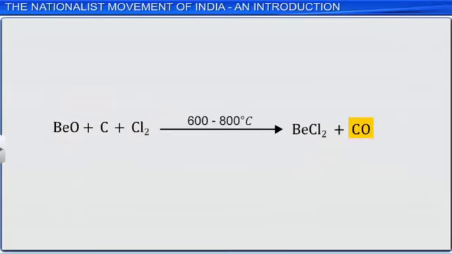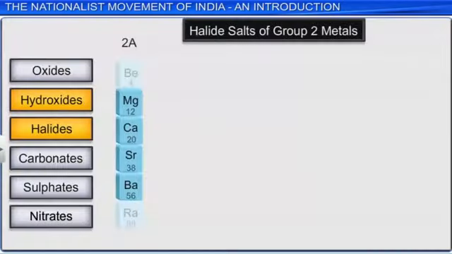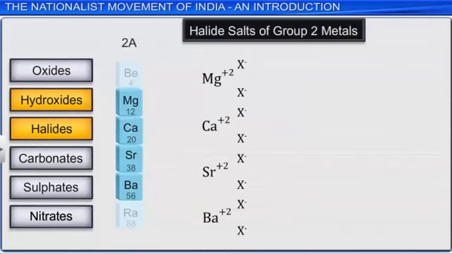Beryllium chloride can be formed by reacting beryllium oxide with chlorine gas in the presence of carbon. Carbon monoxide is a byproduct of this reaction.